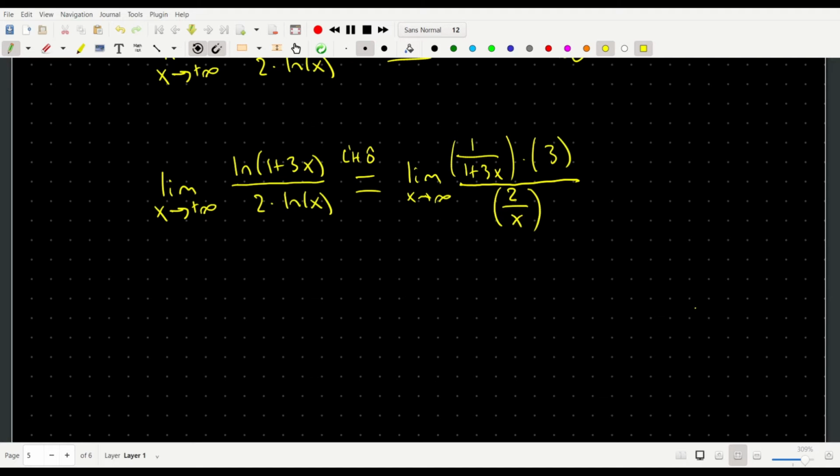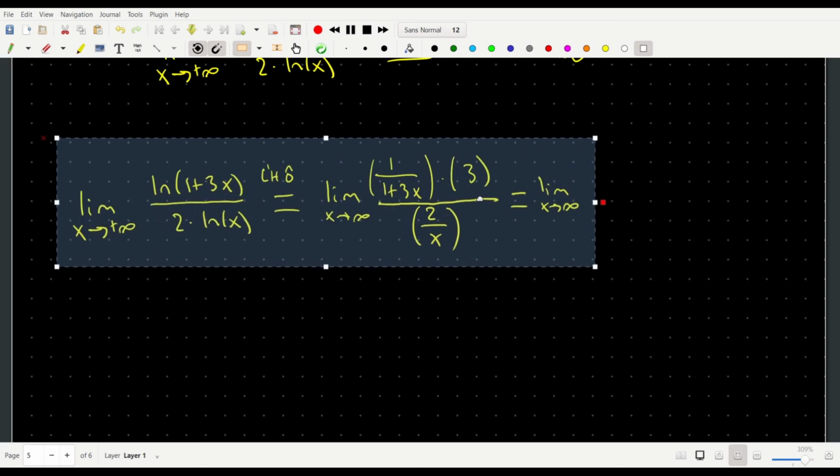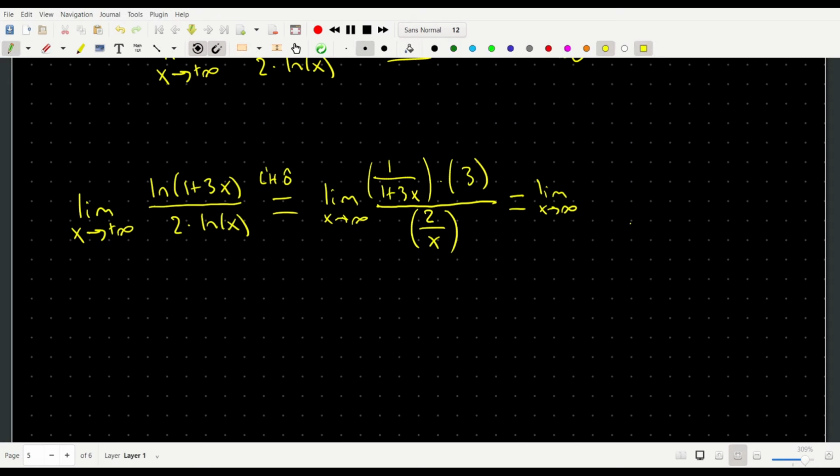And after a little bit of rewriting here, just a little bit of algebra, we can re-express this limit as the limit as x goes to infinity of 3x over 2 times 1 plus 3x.